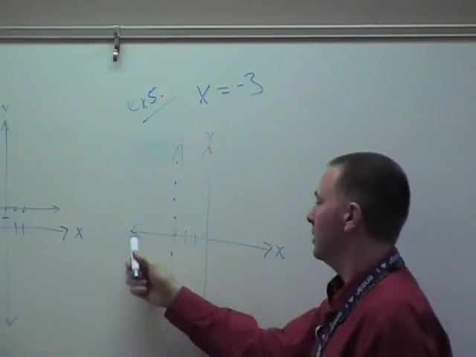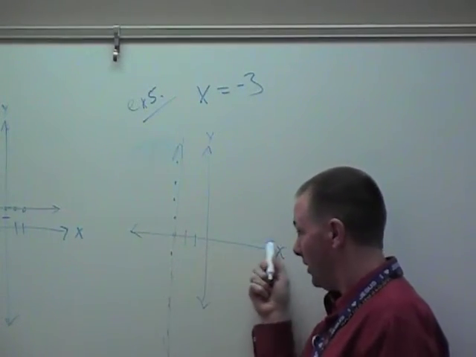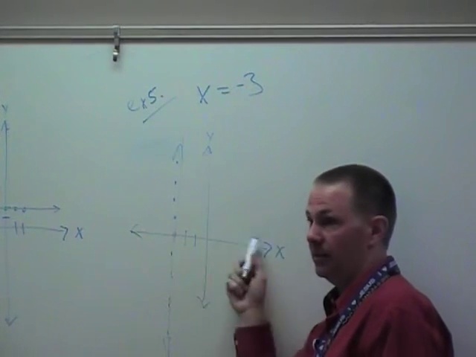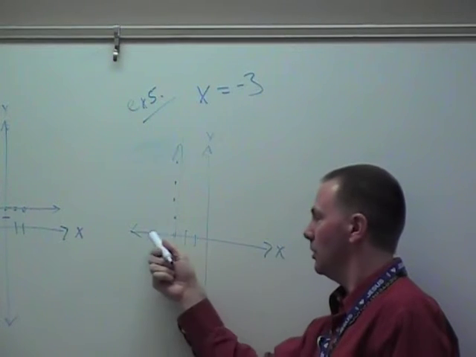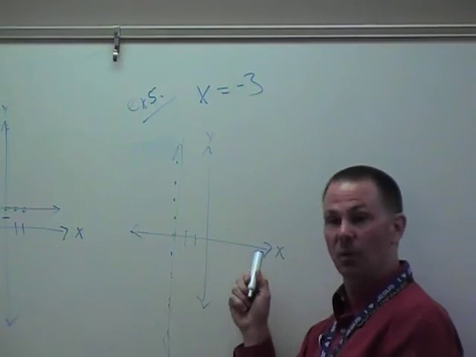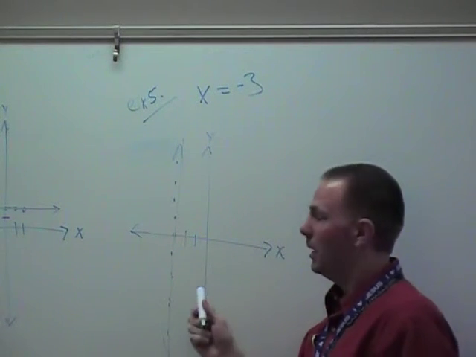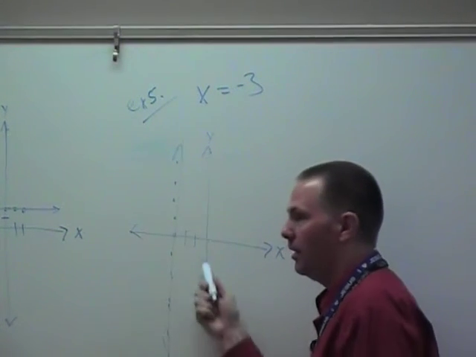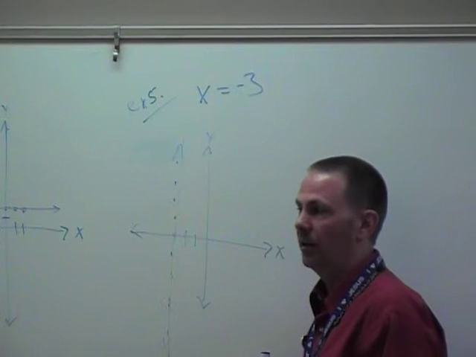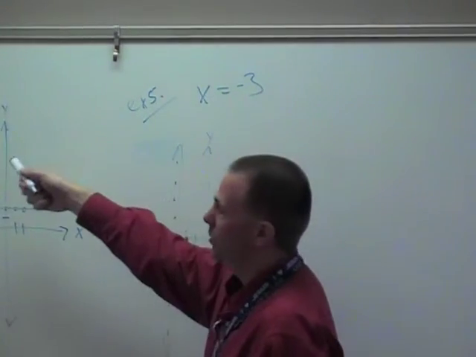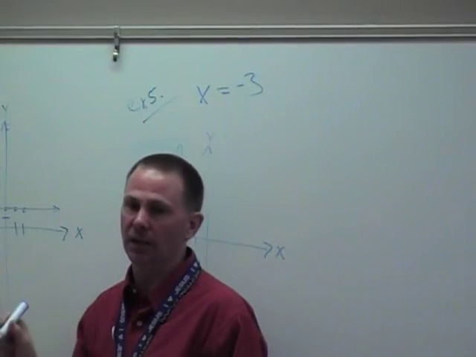A horizontal line is not going to go through the x-axis. It may be on the x-axis, meaning what's y if it's the x-axis? 0. The equation of the x-axis is y equals 0. The equation of the y-axis is x equals 0. These are special equations that you are to never forget.